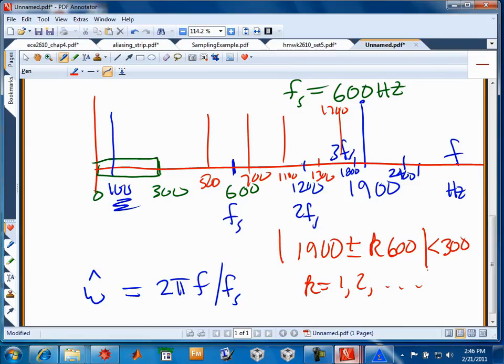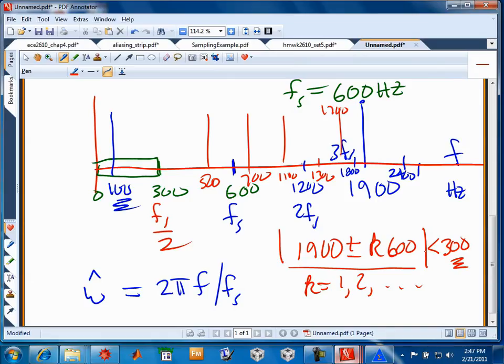So we found the principal alias band by fs over 2, right? The principal alias band was constrained on the interval 0 to fs over 2. That's our constraint. Then we find the possible candidate frequencies by stepping this along until we find the one that hits, and there is only going to be one that lies in that interval.